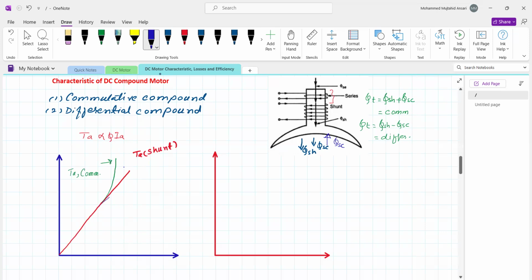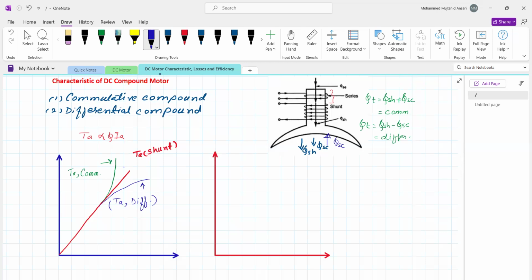So this decrease in torque is going to be observed. So this is the armature torque for the differential motor. So it is somewhat clear. So here the torque is directly proportional to flux into armature current.